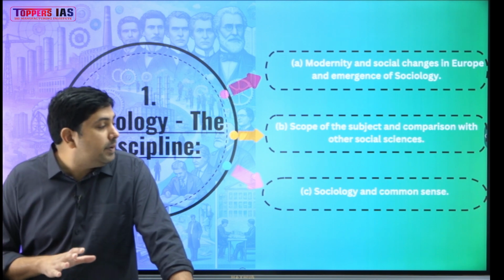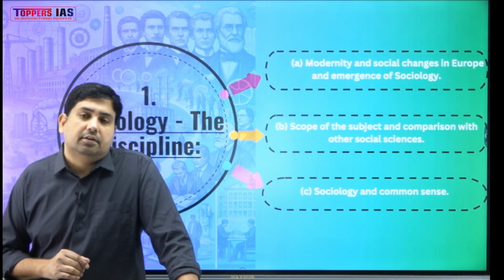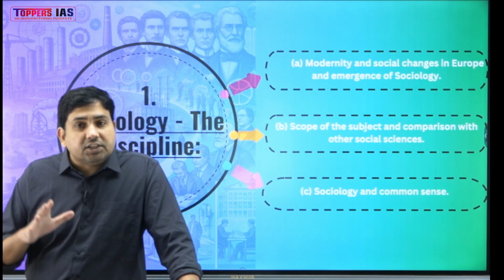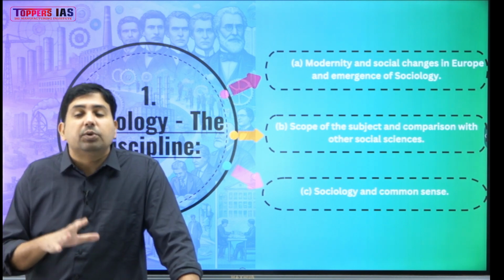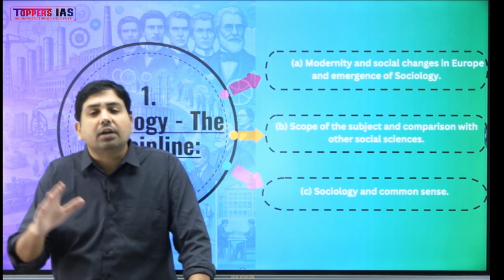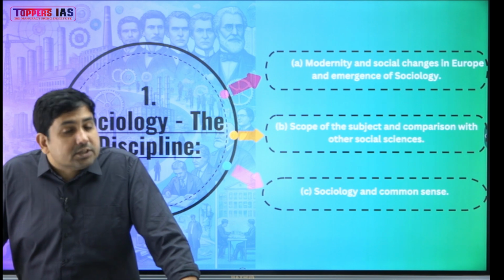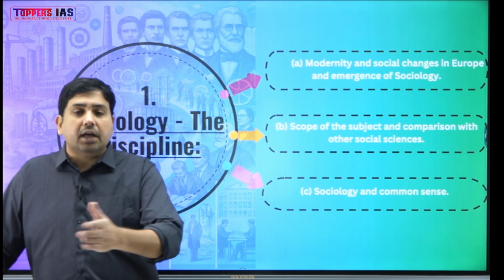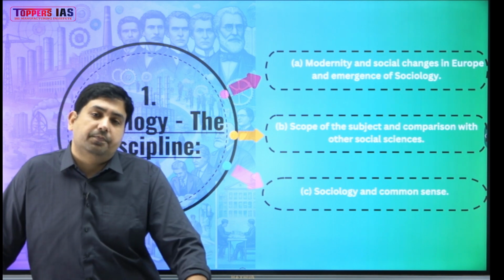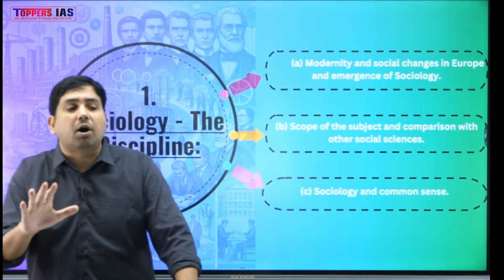And also people wanted to solve those problems. And you know, the existing knowledge, which was religious knowledge, was not able to provide answers. It was not able to solve the existing problems at that time. So this led to the birth of sociology.